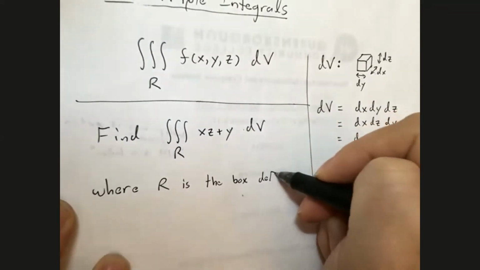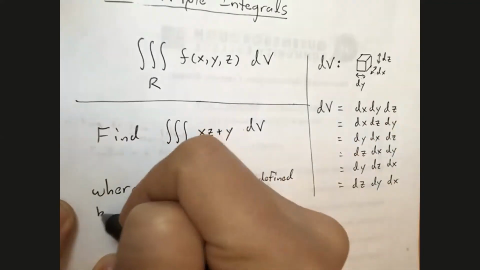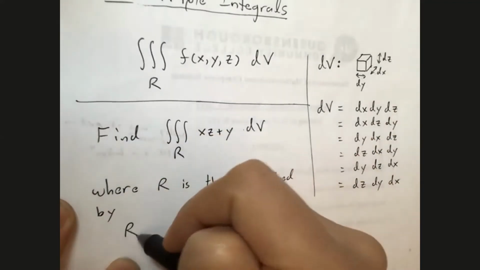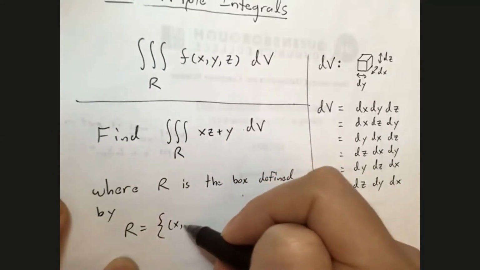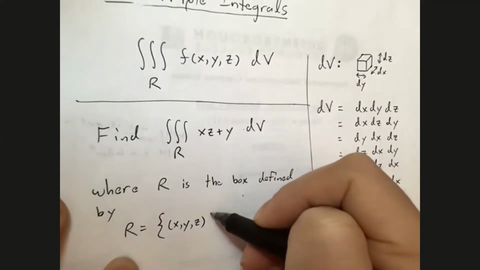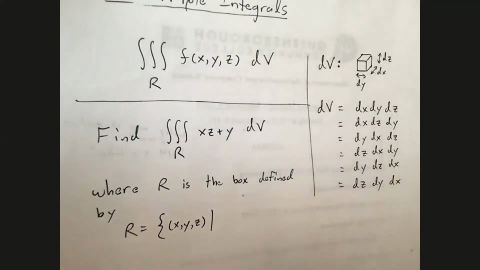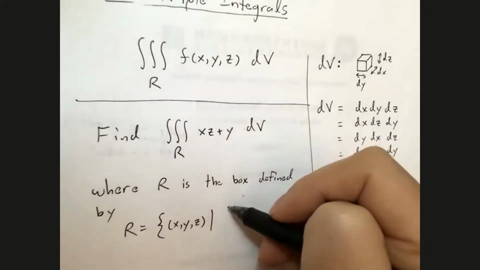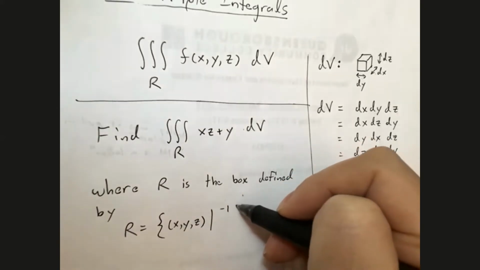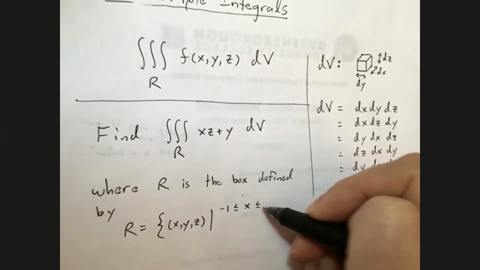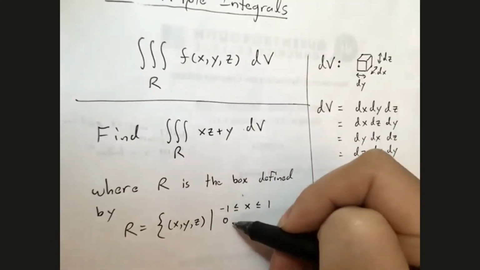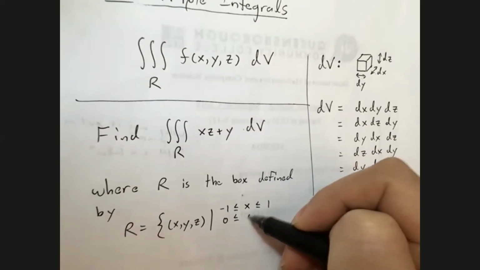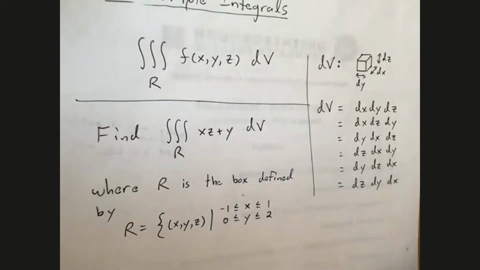defined by it's a set of points x, y, z, such that, okay, now I'm going to give ranges for x, y, and z. So x is going to be between -1 and 1. y is going to be between 0 and 2.